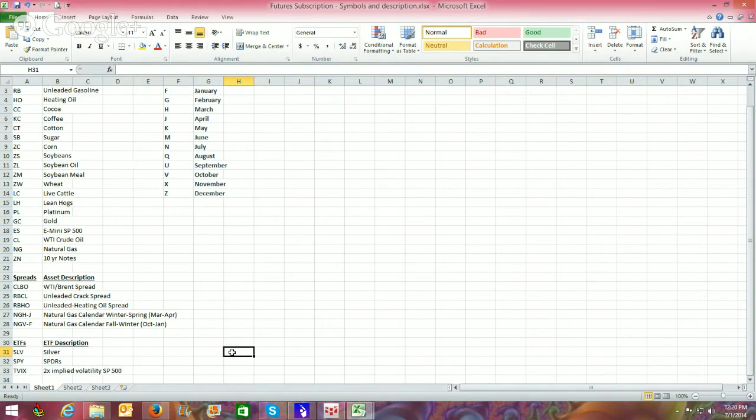So basically, we are doing the silver ETF because the contract size on the actively traded CME group 5,000 ounce silver is just so big that if you trade it, it ends up, exposure-wise, swamping out other assets.